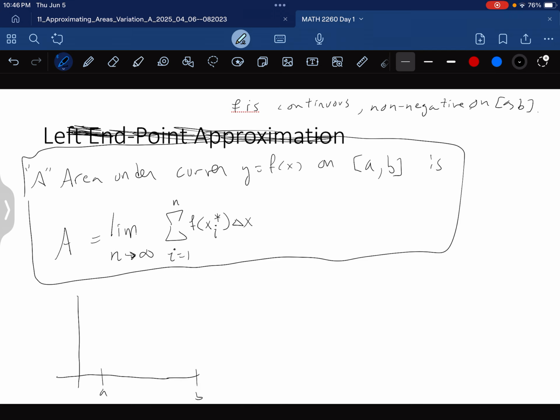So here we've got [a, b], we have some function f of x, and we have partitioned a to b as we have discussed. So this is x sub 0, x1, x2, and so forth, up to xn.